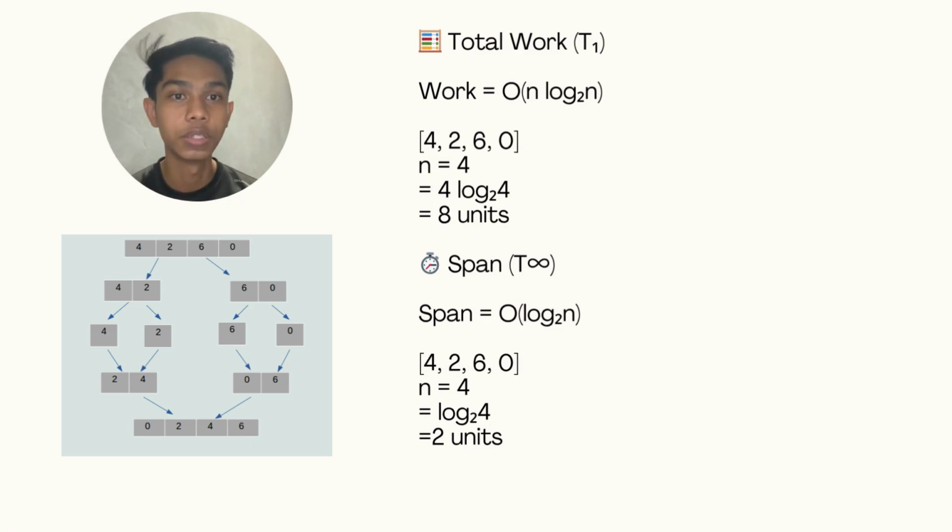The calculation is log₂ 4, which gives 2 units. This means that with infinite parallelism, the task will complete in just 2 time units, since only 2 levels of dependency exist.